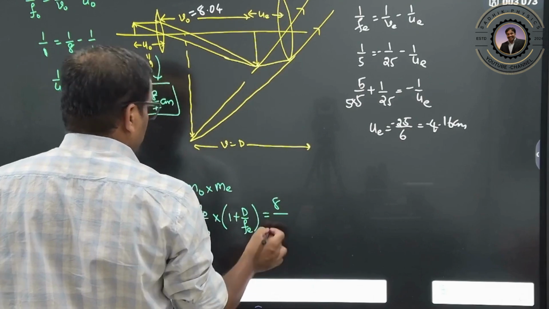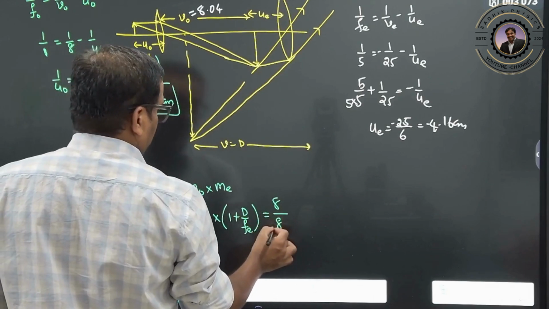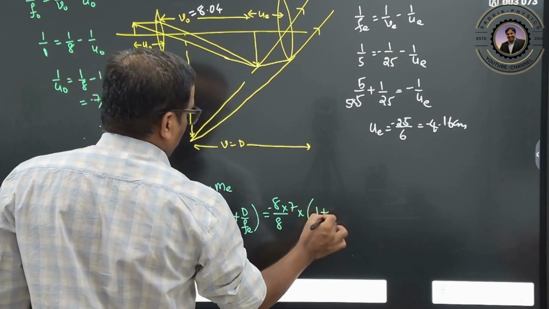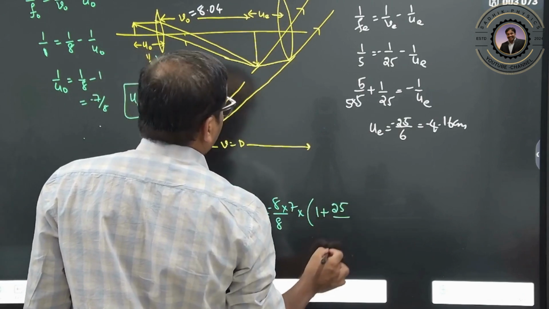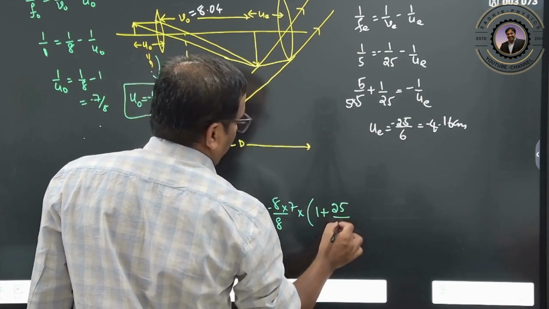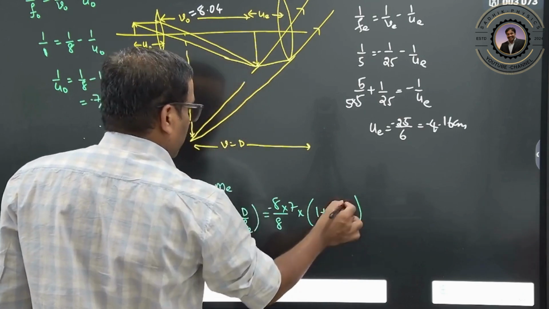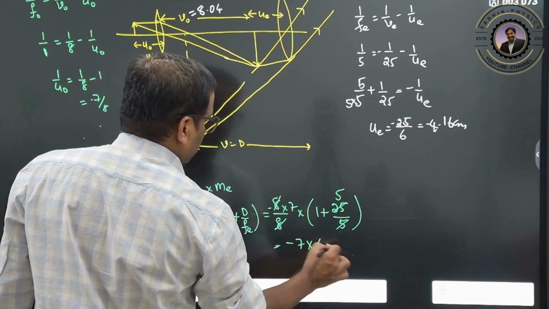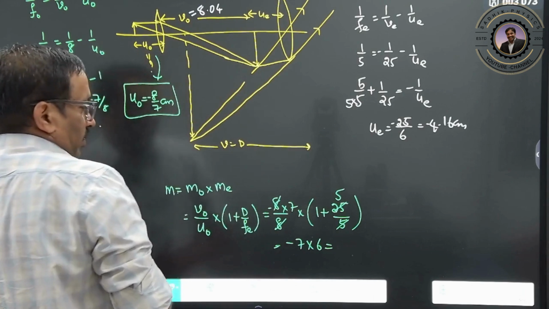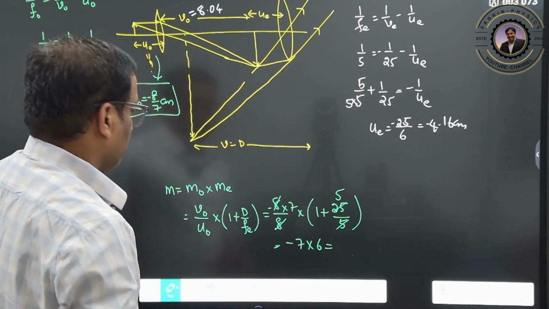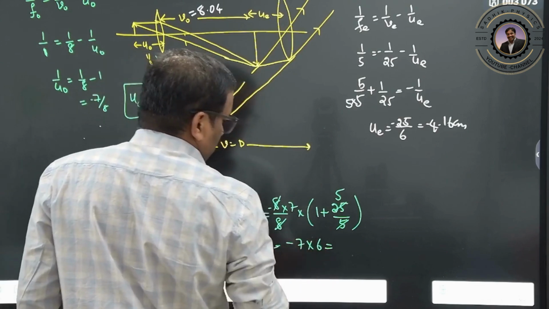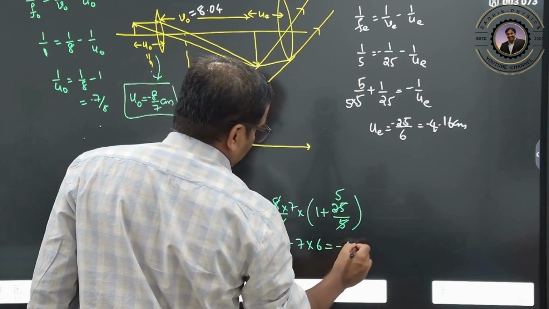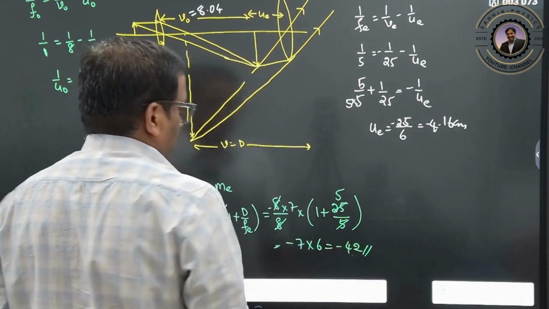Therefore 8 by 7 into 1 plus 25 by Fe. Fe is how much now? 5. So here 8 cancels, minus 7 into 6, so minus 42 will be your magnification.